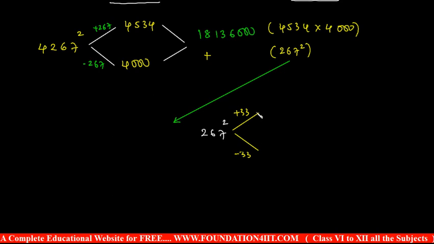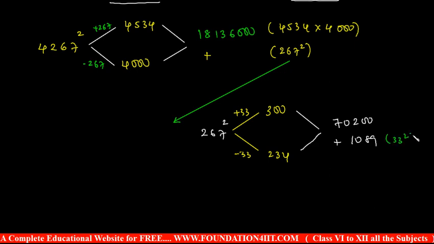So this is 300. 267 minus 33 is 234. Then we multiply, 300 into 234. Since it is single digit, 234 into 3 is 702, so 70,200, plus 33 square. 33 square is 1089, which we already learned previously.